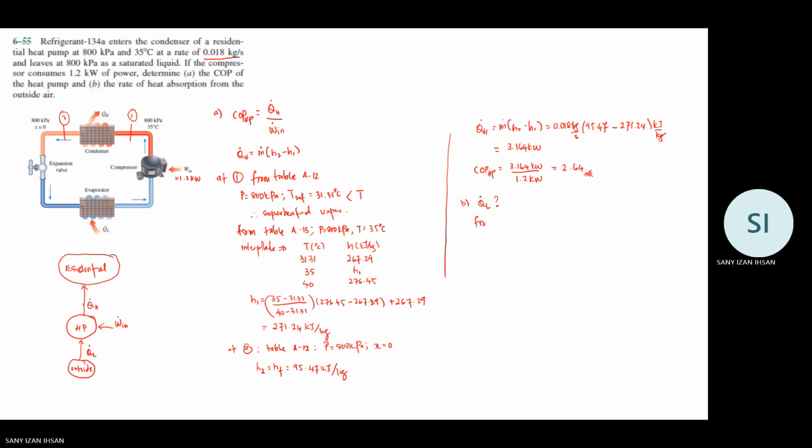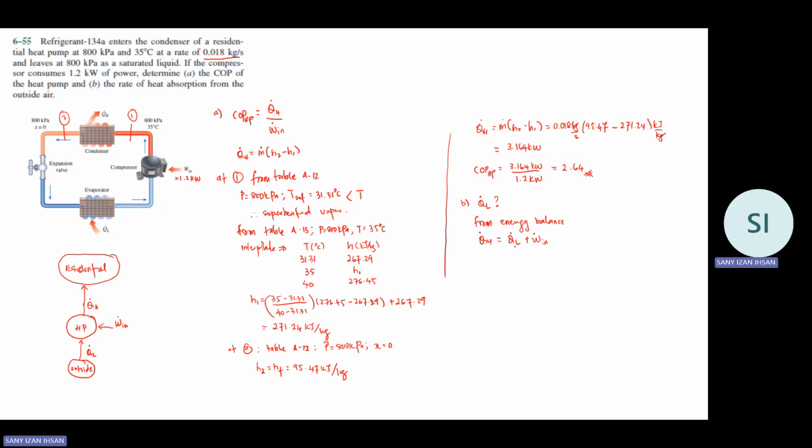From the energy balance, you can see that there are two energies coming in and one energy going out. So QH dot equals QL dot plus W in dot.